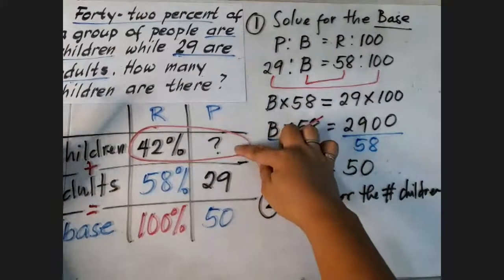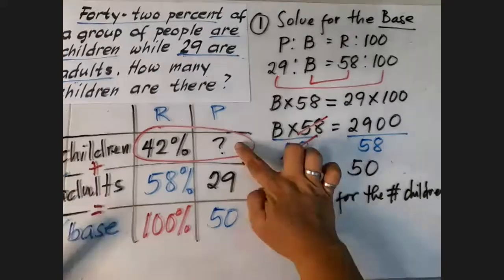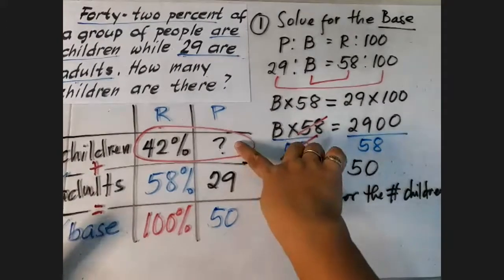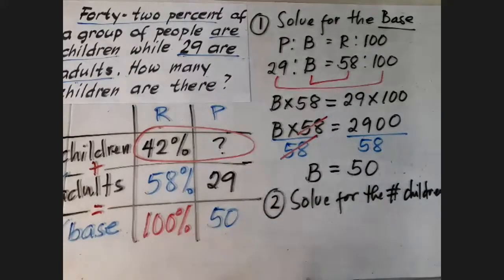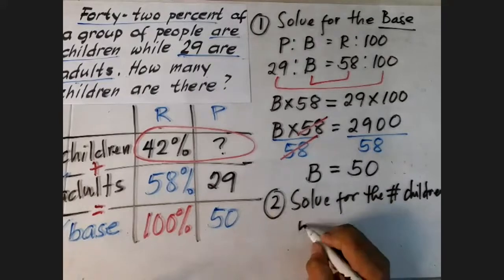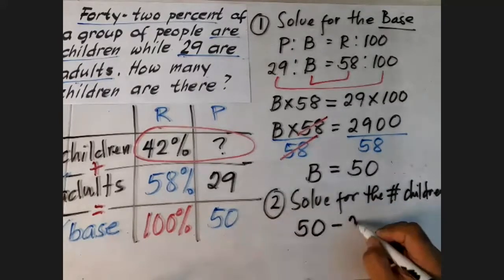Ang alam natin, children, at yan, children plus adults is equal to the base. So, this one, yung unknown, plus 29 is equal to 50. So, to solve for the number of children, it would be, okay, 50 less 29.